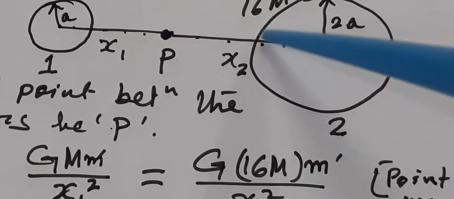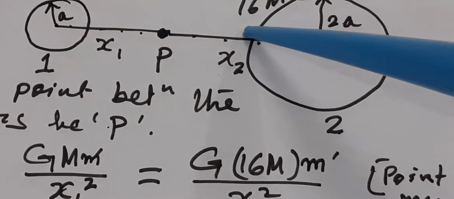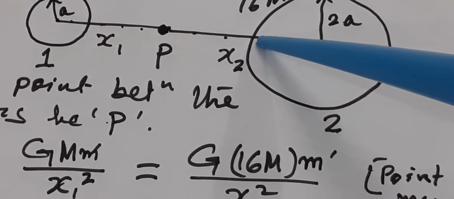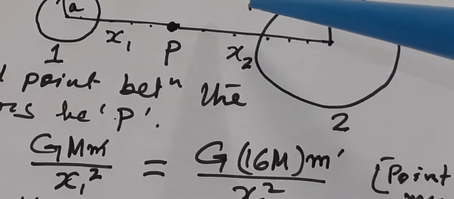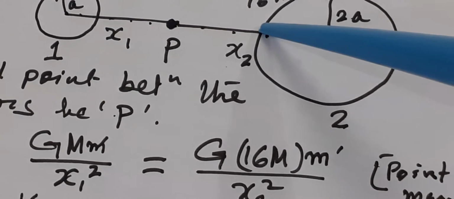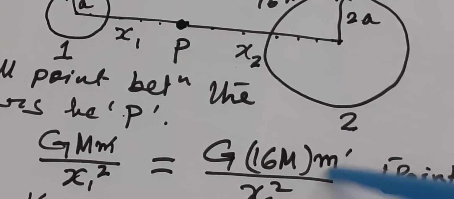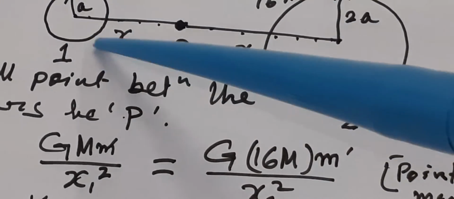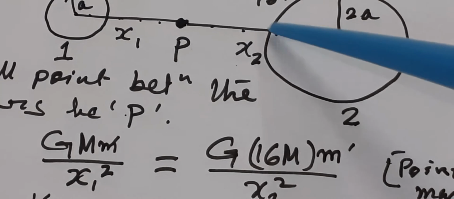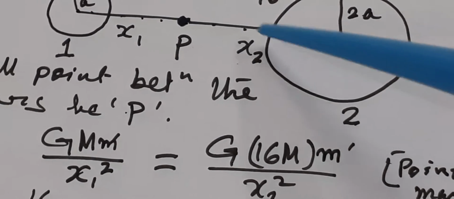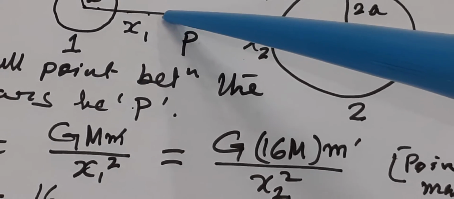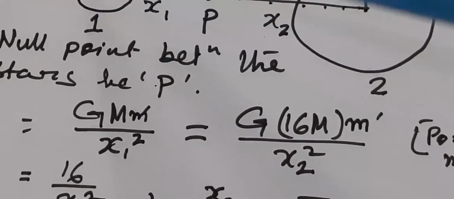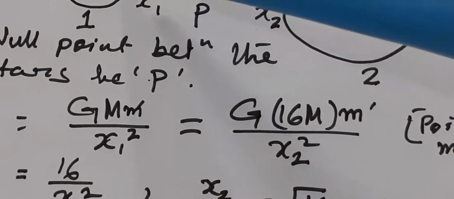That means you need to supply kinetic energy at this point, that is half m v square, the minimum velocity required, plus the total potential energy due to this star as well as due to the other one. When it reaches the null point, the kinetic energy will be 0, but the potential energy due to both the stars has to be calculated. Now see the equations.